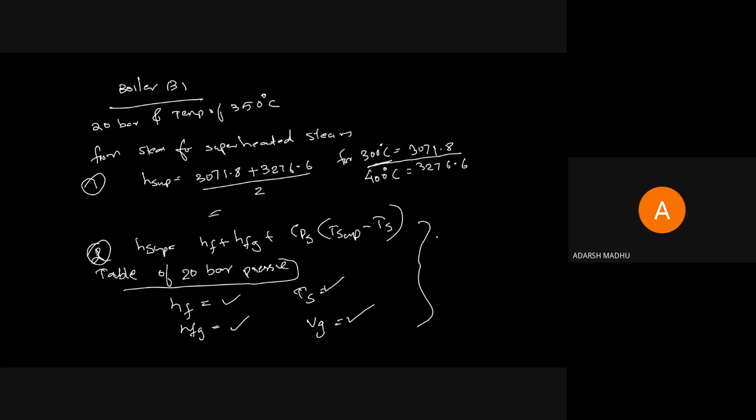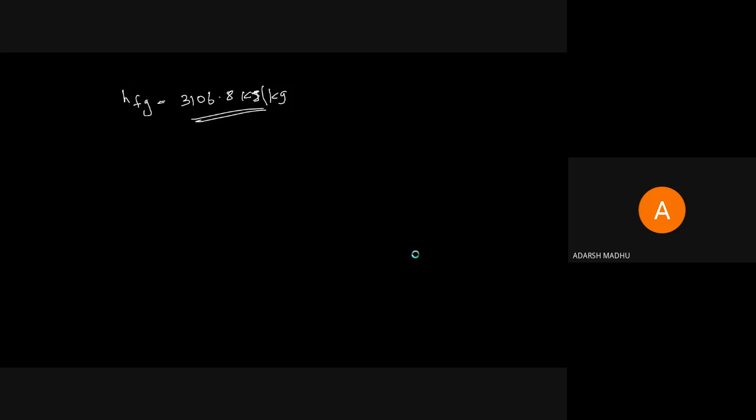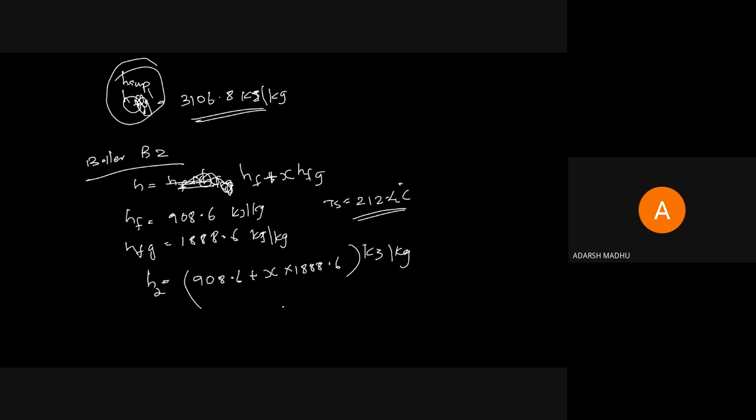Therefore, we are using this equation as HF plus HFG plus Cp delta T. If mass is given as 5 kilogram or 10 kilogram, we are taking m Cp delta T. If mass is not given, we are taking it as 1 kilogram, so we are neglecting it. So we are taking this equation as Cp delta T only. That is the method.